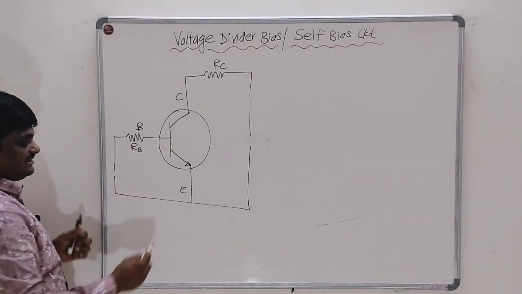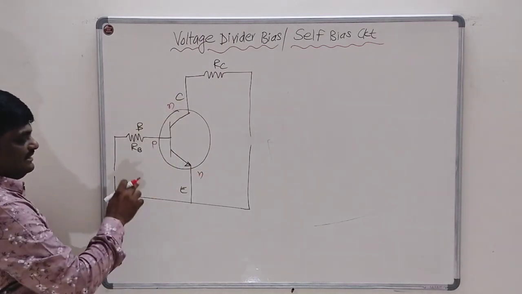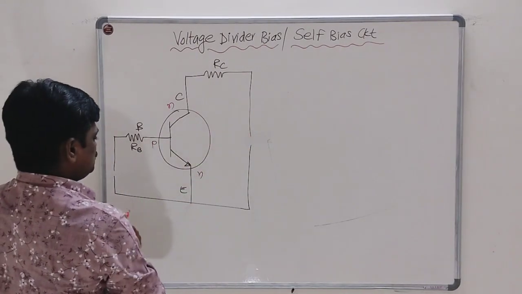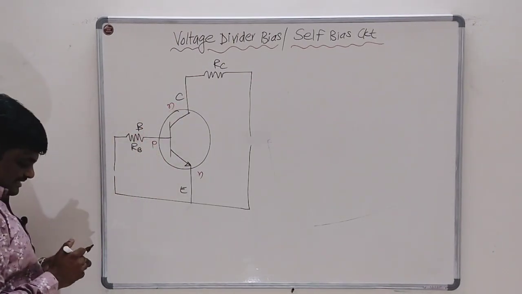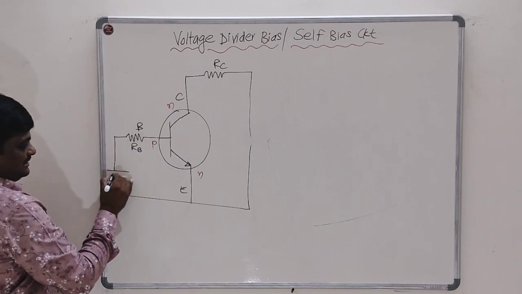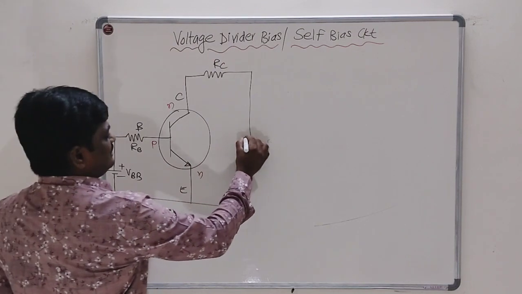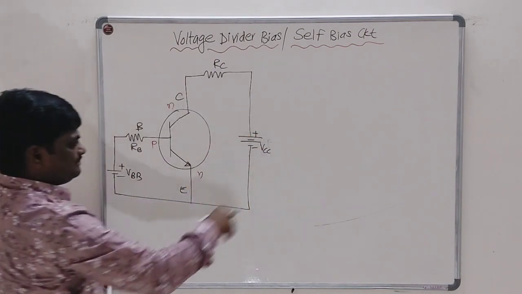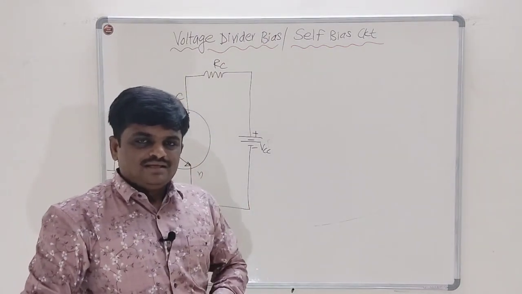As it is an NPN transistor, we have to adjust the polarity of VBB and VCC so that the base emitter junction is forward biased and the collector base junction is reverse biased. For an NPN transistor, the polarities are like this: positive and negative for VBB, and plus and minus for VCC. So this is the basic biasing circuit of the common emitter configuration.